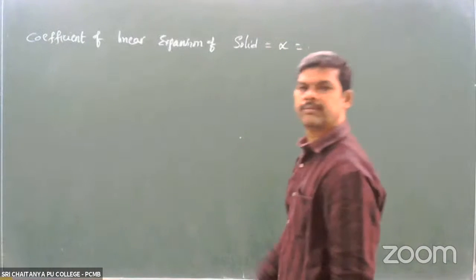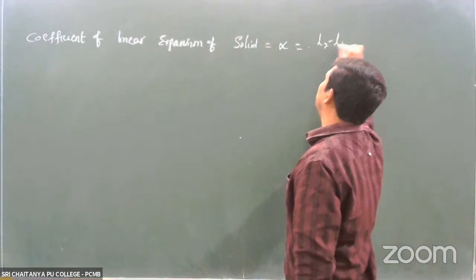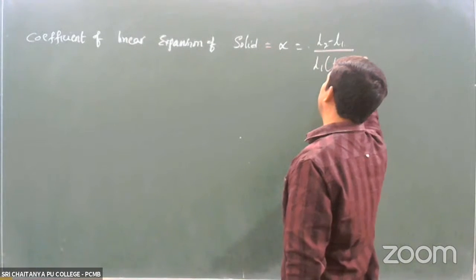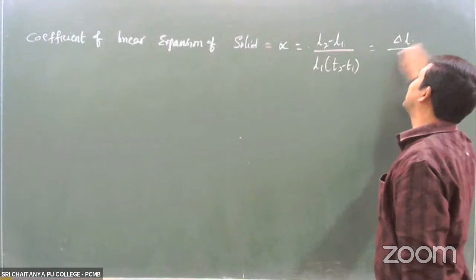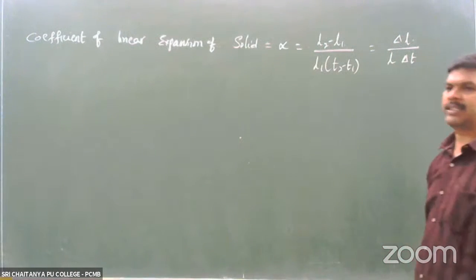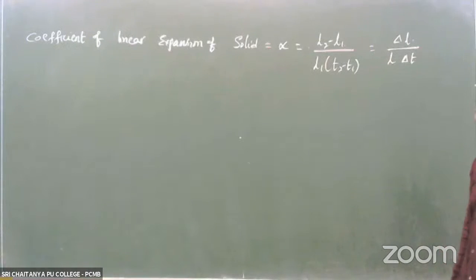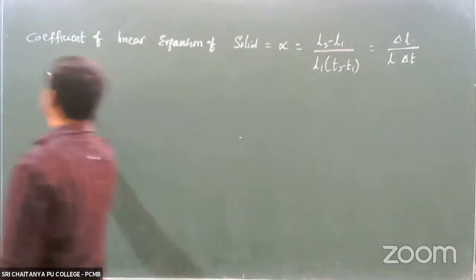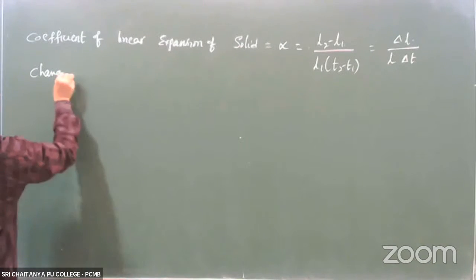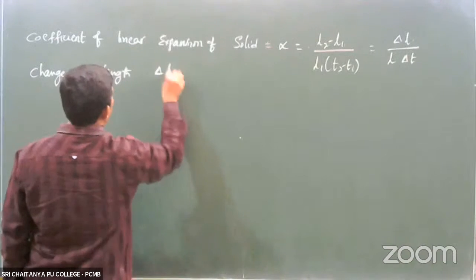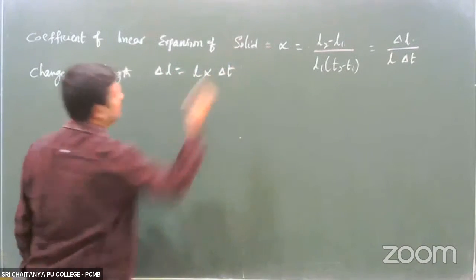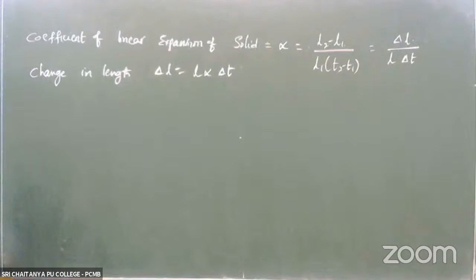Alpha is L2 minus L1 by L1 into T2 minus T1, and this is delta L by L delta T, even we can write. Then what is the change in length? Change in length delta L is L alpha delta T. We can write this. Already we discussed all these topics in detail in the previous chapters.